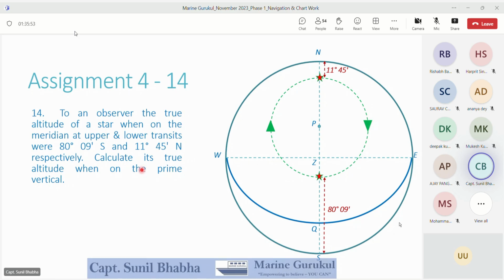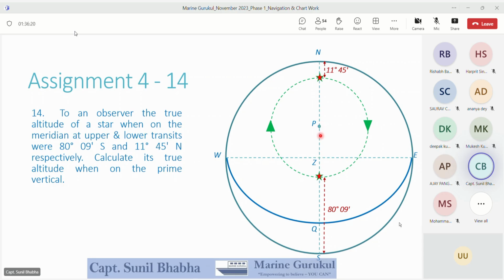Now they have asked us to calculate the true altitude of the star when it is on the prime vertical circle. Now what is this prime vertical circle? Prime vertical circle is the vertical circle passing through east and west points. So in this rational horizon diagram, the line WZE represents the prime vertical circle.